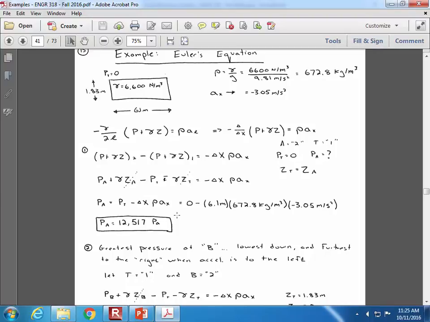This is handling the elevation difference between the 2 points. But then the second component, the 12,517 pascals, is the pressure difference between the 2 points because the truck is decelerating. And so altogether, the cumulative pressure at B is the sum of those two. So it's 24,595 pascals.